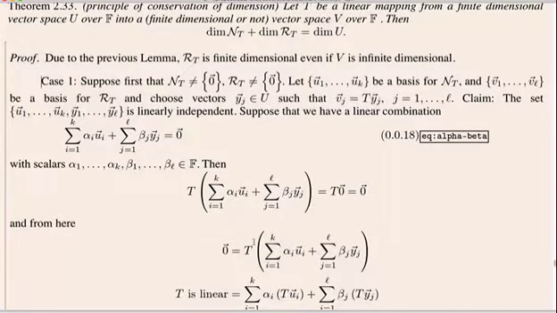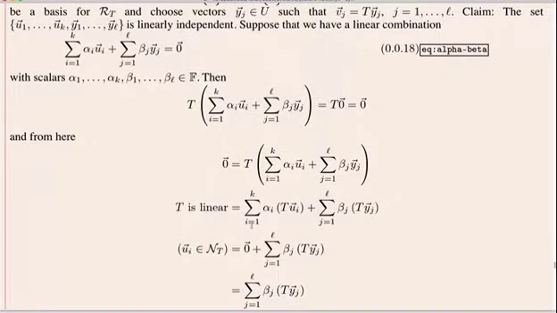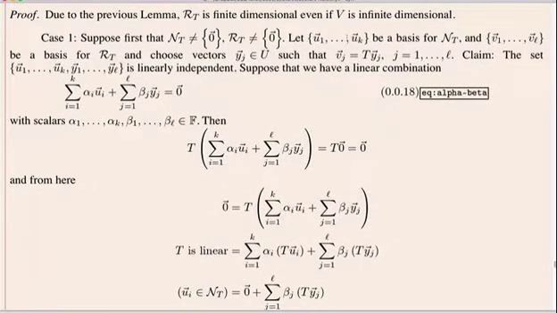And then from here, starting from the left with 0 and T of the two sums, because T is linear, we can split the right-hand side into two sums, and also take T inside and apply it directly to the u_i vectors and the y_j vectors. The u's are from the basis of the null space, so T of u_i is 0, and this whole first sum is 0.